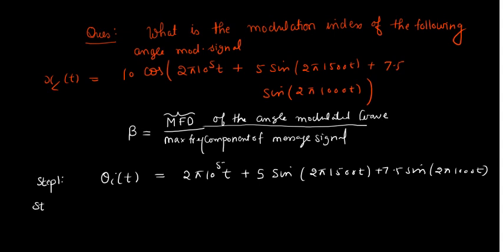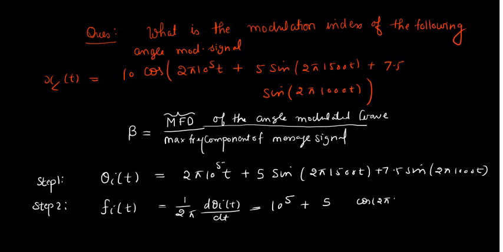Step 2 is to evaluate the instantaneous frequency of this angle modulated waveform, that is defined as 1 by 2 pi d theta i by dt, and that you can do: 5 cosine 2 pi 1500 t, and since you are differentiating it, firstly you have to divide by 2 pi into 2 pi 1500 plus 7.5 by 2 pi.